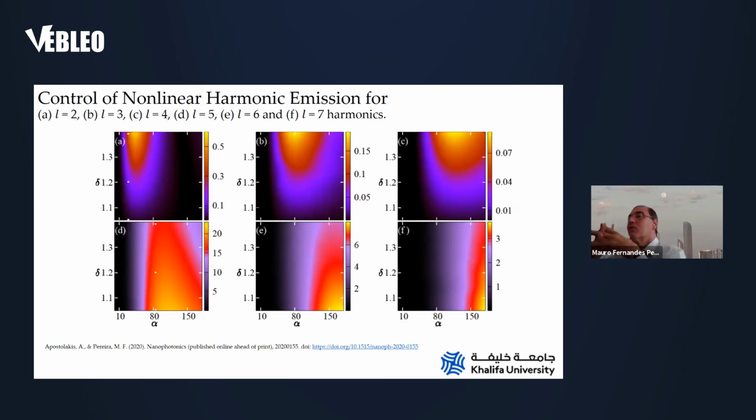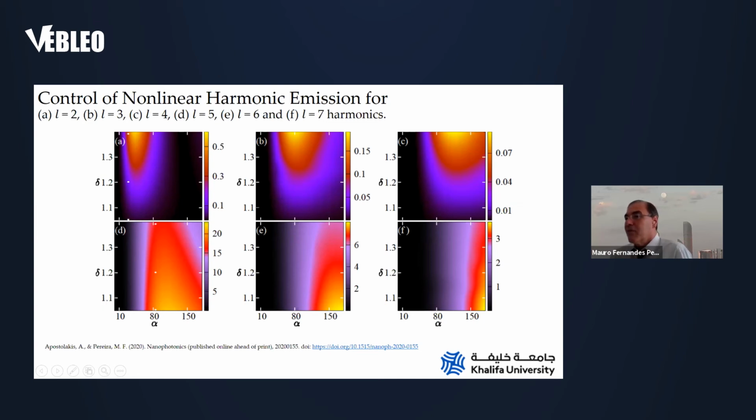So this is how we control, for example, the emission for a few harmonics by playing with this asymmetry in the voltage. You see that for even harmonics, there is a very well-defined region in power and asymmetry that maximizes my output.